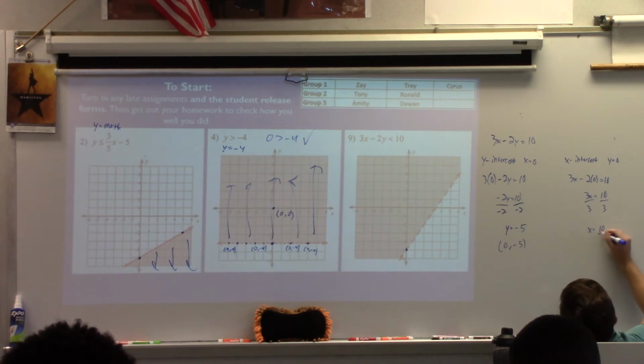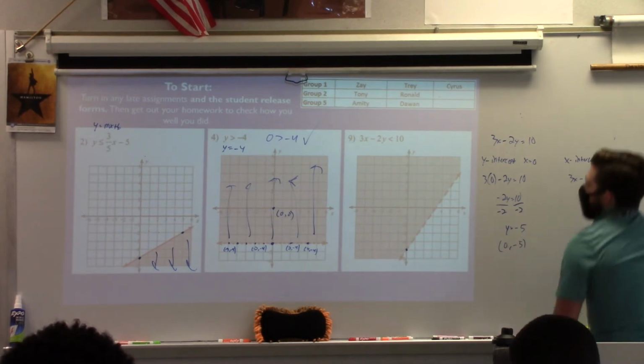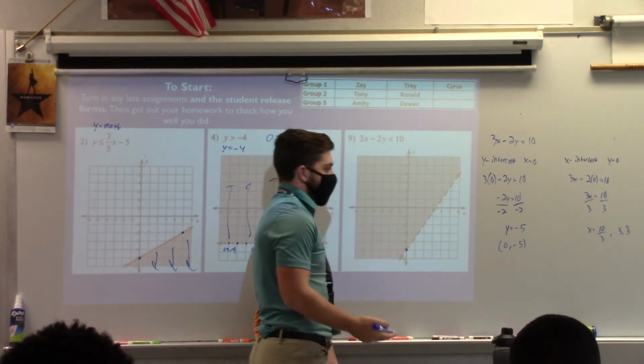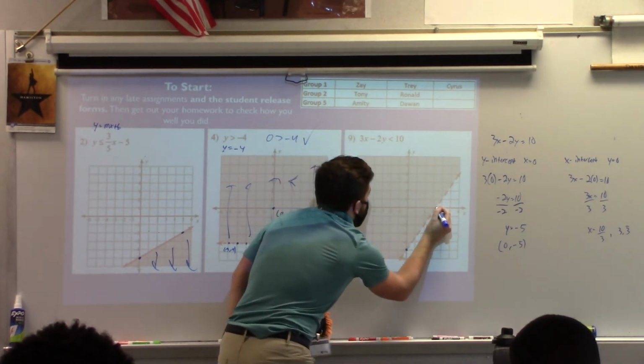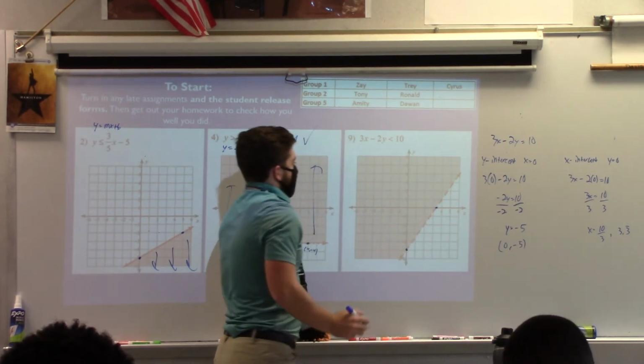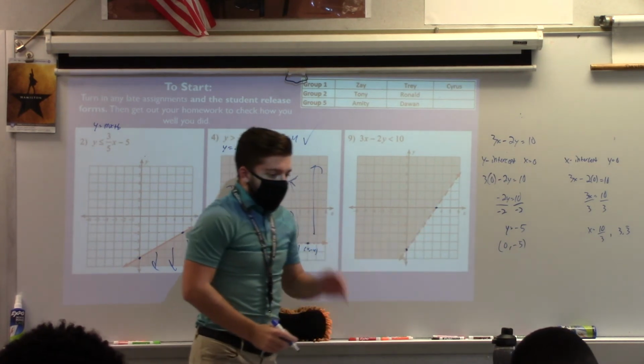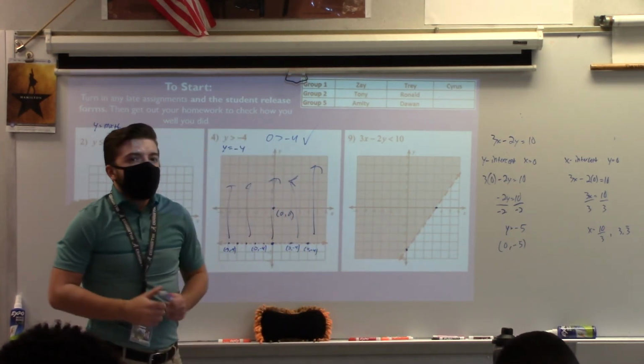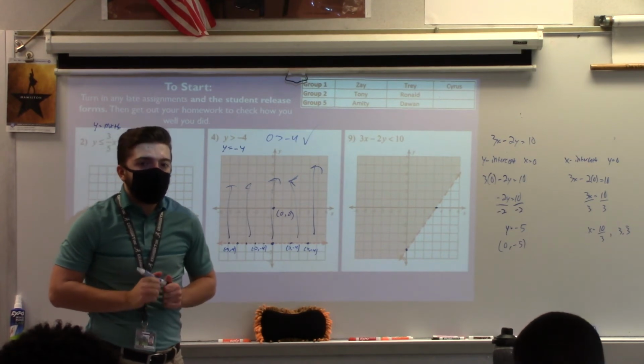You get 10 divided by 3, which is 3.3 repeated. That's something you can use your calculator for if you don't know it off the top of your head. So that's where they get that x-intercept right there, which is just a little past 3. Does everyone see how we found those intercepts from standard form?